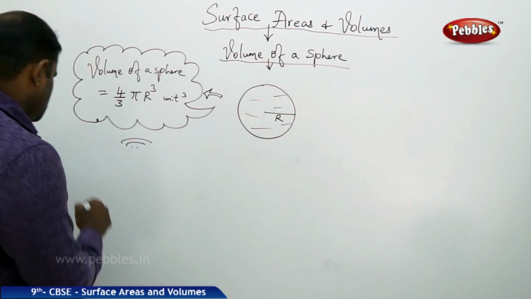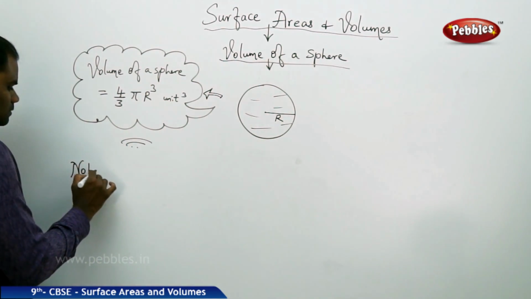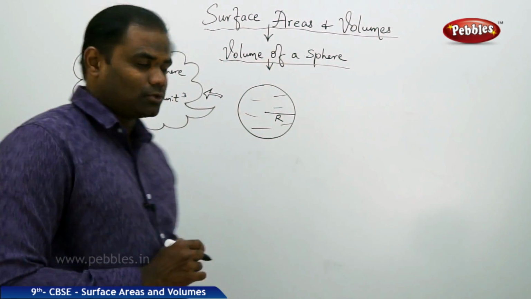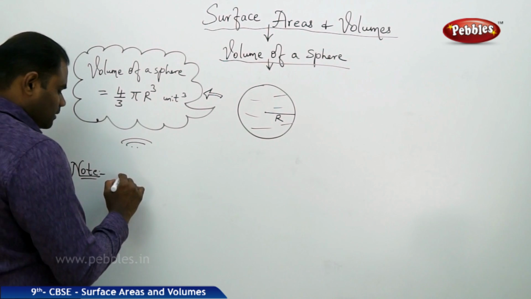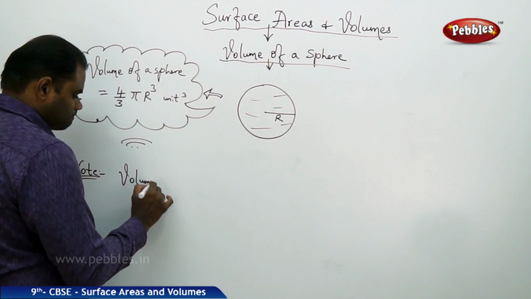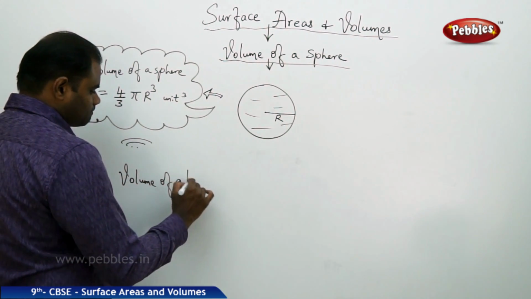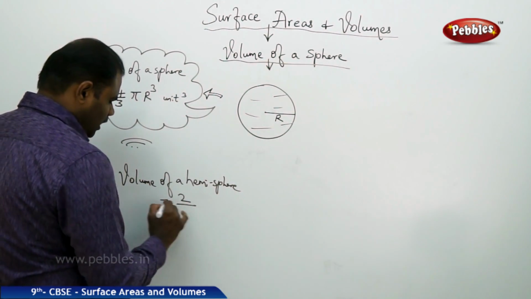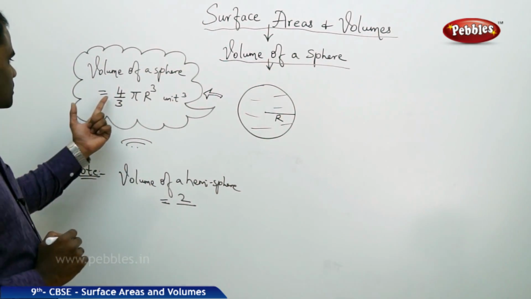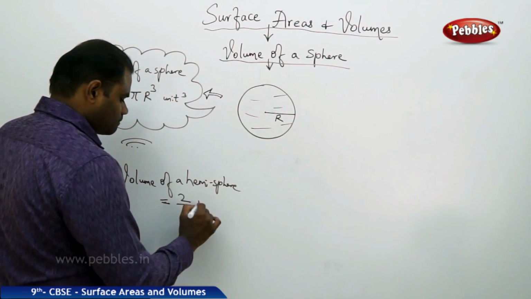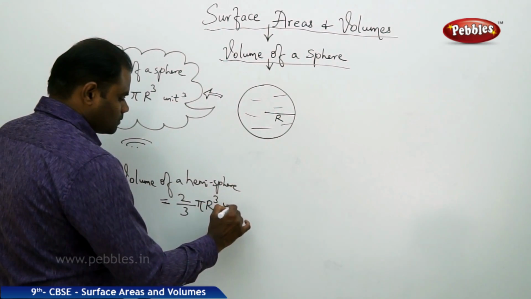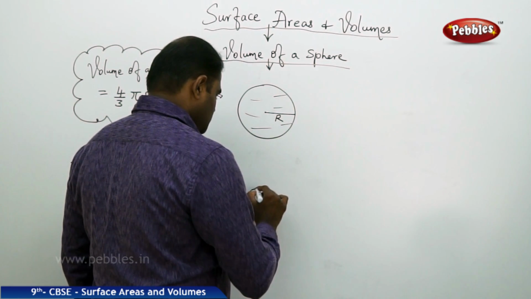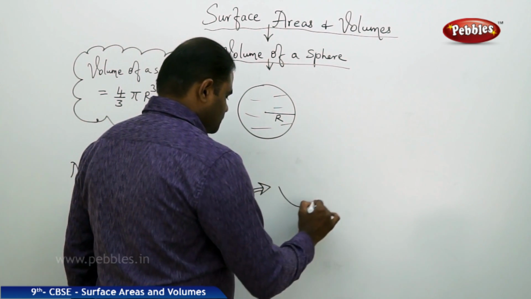So with this, it's clearly understood that if the volume of a sphere is 4 by 3 pi r cube, then the volume of a hemisphere is half of the volume of the sphere, that is 2 by 3 pi r cube unit cube, because a hemisphere is nothing but half of the sphere.